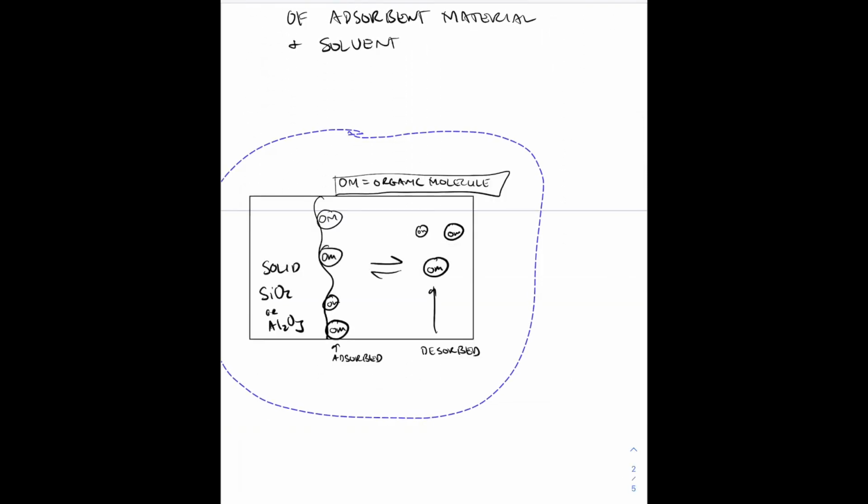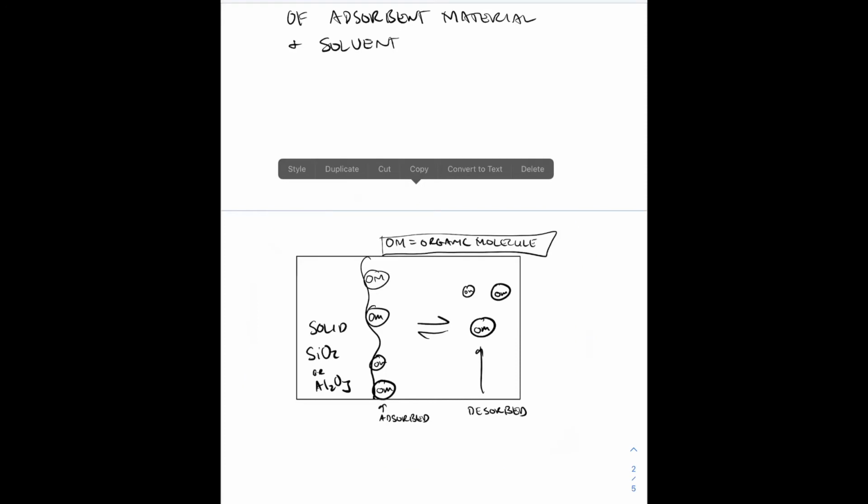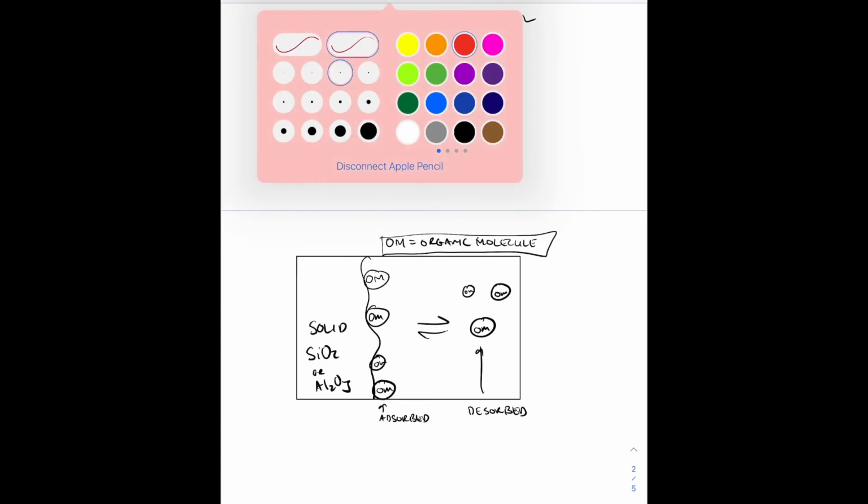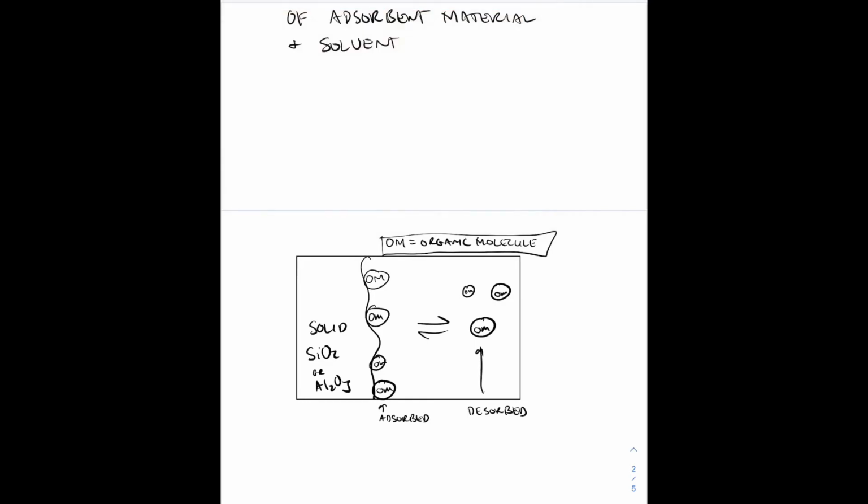Well, let's go ahead and paste this drawing I made already so I don't have to do it all slow. So we have a solid phase, that is silica or alumina, okay? And then we also have the organic molecule. These are terrible circles. They're all supposed to be approximately the same size. But all of these are organic molecules, right?